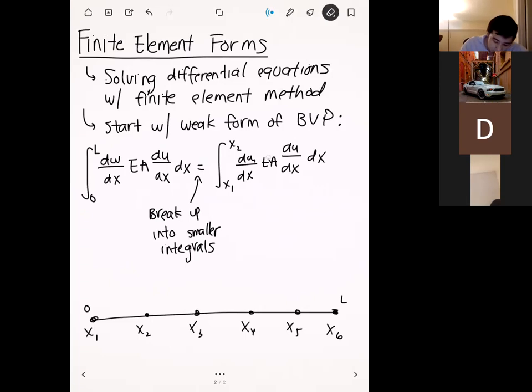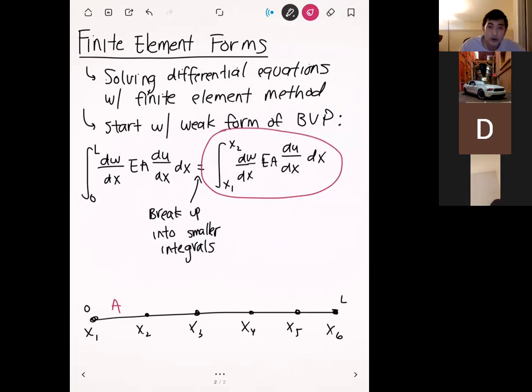The integrand is the same, but I've just changed the bounds of the integration. Instead of going from 0 to L, I'm only integrating over that first element. If we call this element A right here, this integral is an integral over element A.